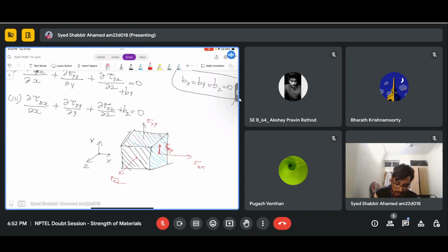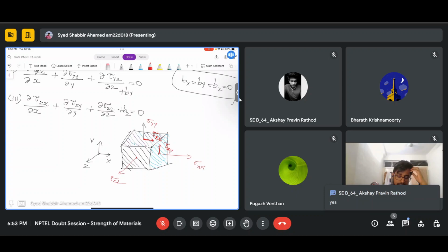The similar thing when I take the shear stress on the y plane: this is tau, on the y plane, acting in x direction, so this is tau yx. I think you got how we write, right?